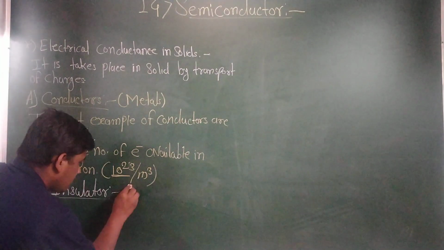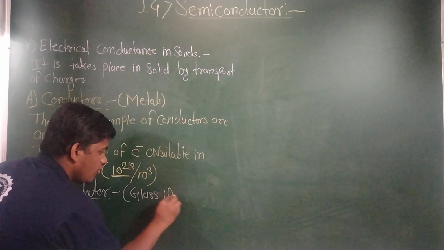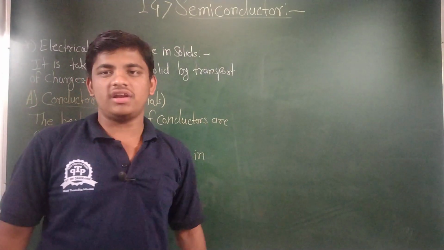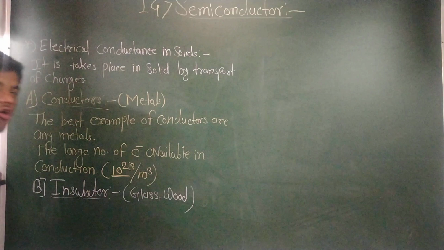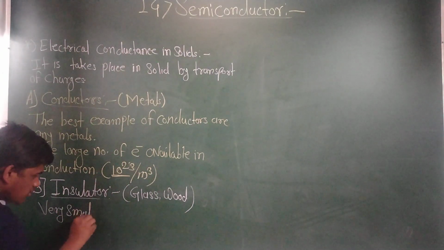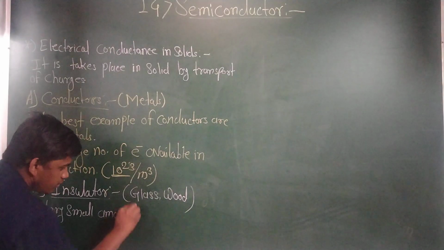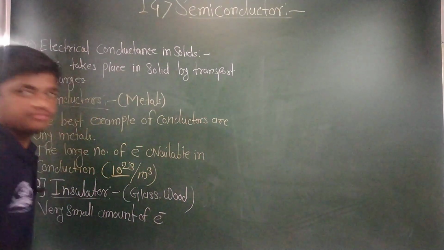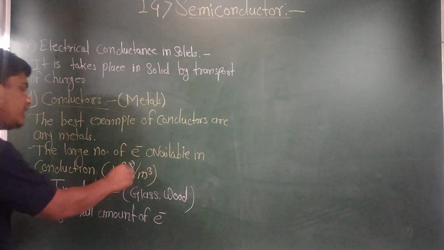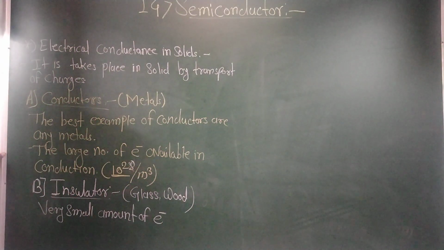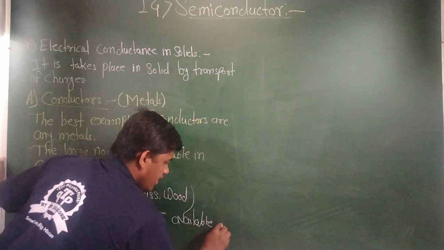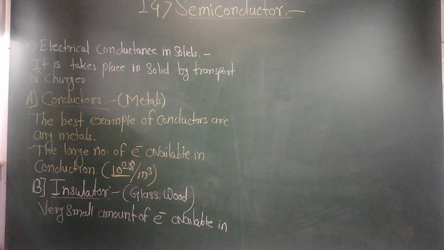Glass and wood are good common examples of insulators. A very small number of electrons will be present in the conduction band. Very small amount of electrons will be present or available in the conduction band of the insulators.